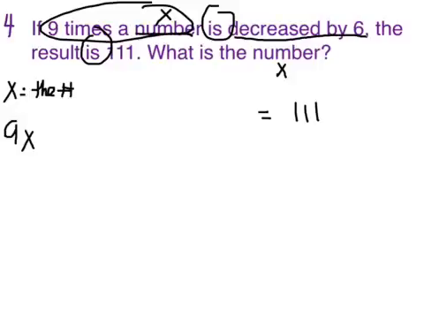Decreased by means I'm going to subtract 6 from something. So 6 is going to get subtracted from something else that I'll put in a blank. If 9 times a number is decreased by 6, oh, it's this 9x that's decreased by 6. The result is 111. Oh, okay, there's my equation. 9x minus 6 is 111. What is the number? Okay.